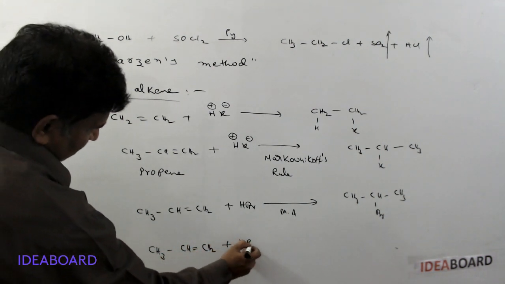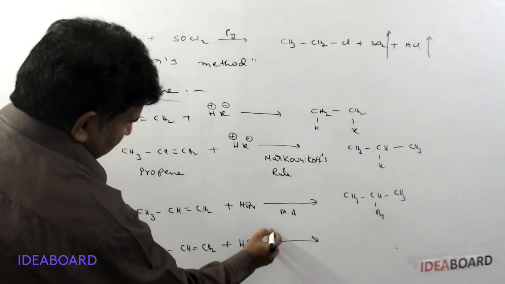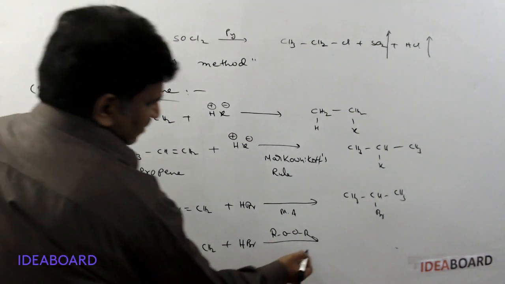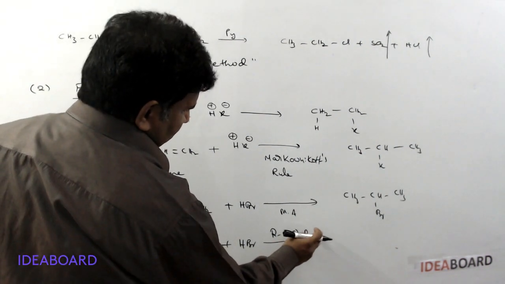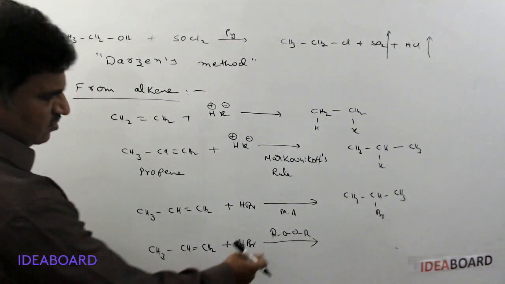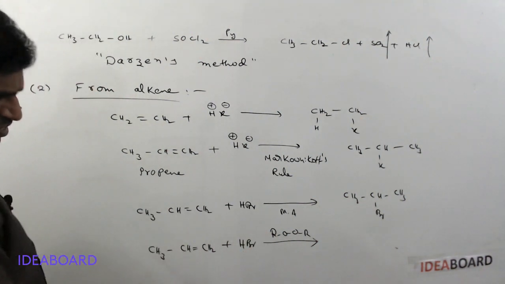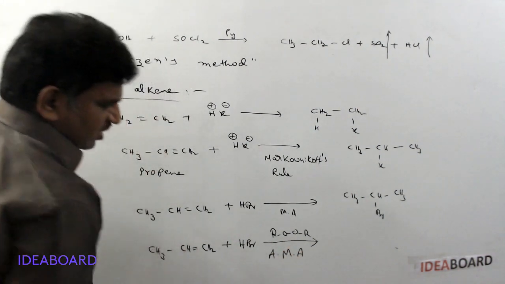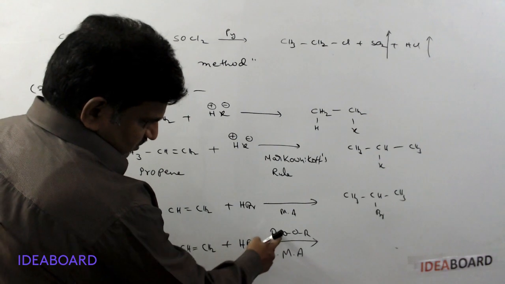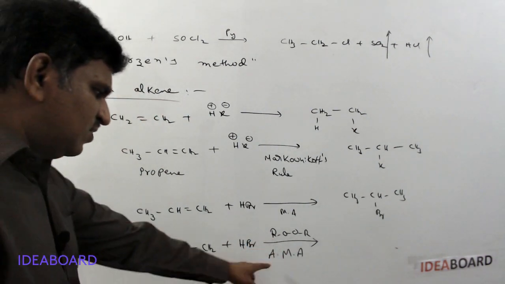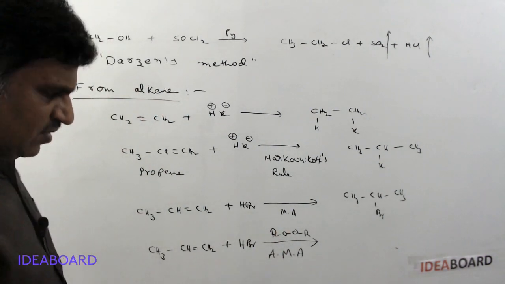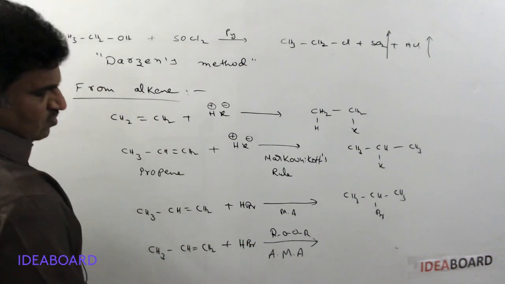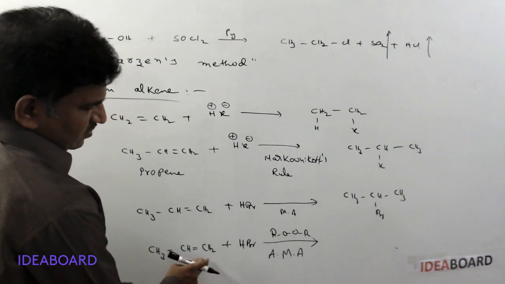Now, if the same reaction, CH3CH=CH2 plus HBr, is conducted in the presence of a peroxide, as we studied in the first year syllabus, the addition of HBr to unsymmetrical alkenes always follows the anti-Markovnikov addition rule. It is also called the peroxide effect or the Kharash effect. Here the negative part adds to the carbon with more hydrogens, meaning Br is added there.